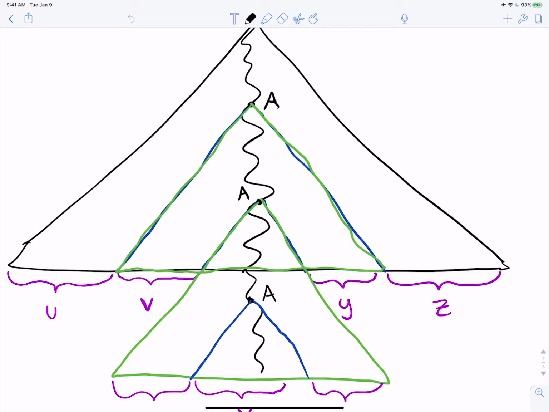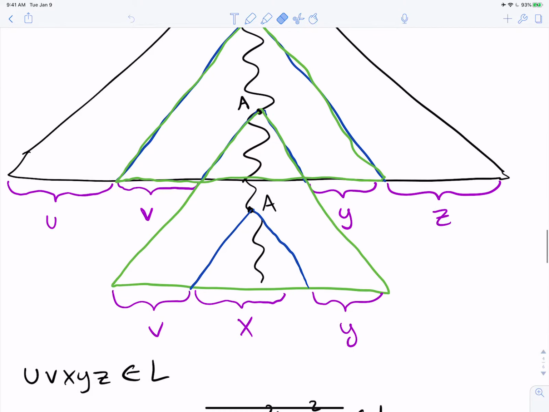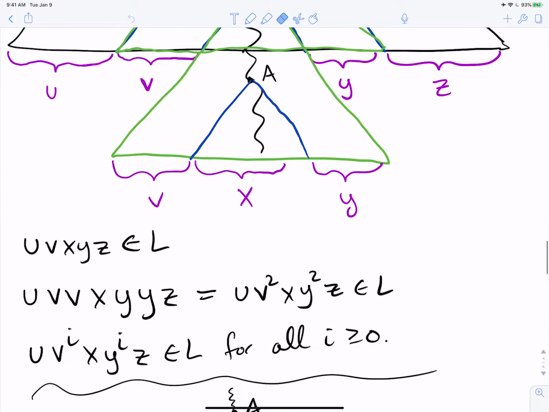Because if I just make it taller and taller and taller, at some point there must be a repetition in variables. So we looked at a repetition, let's just say this one, and we did some basic experiments. If we take the bigger parse tree, the one for the first A right here, and I copy and paste it down to where the second occurrence of that variable is, I still have a parse tree, and we can show a different string can be generated because we just made another parse tree.